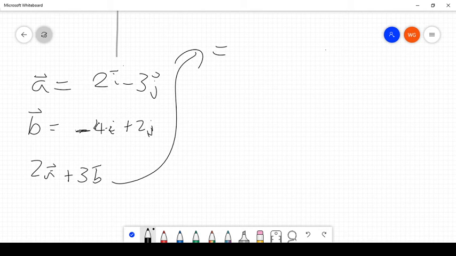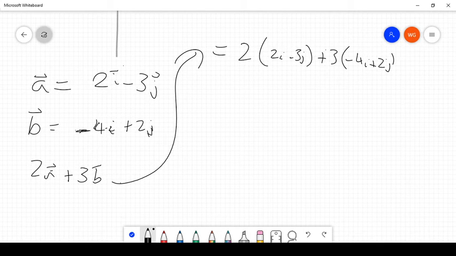So what does that equal? Well, it would equal 2 times, and remember, A is 2i minus 3j, and then 3 times B, which is negative 4i plus 2j.